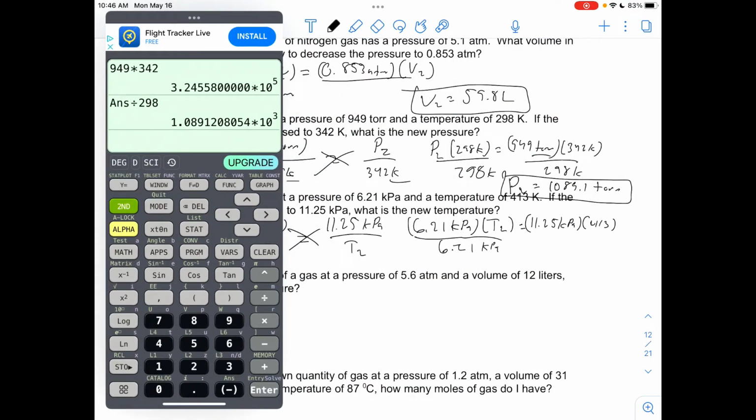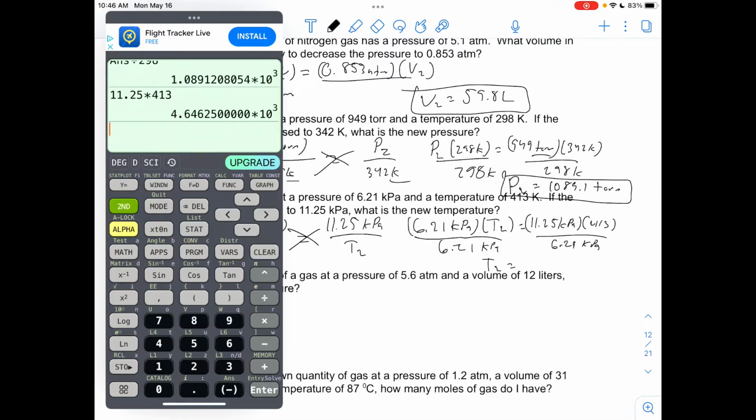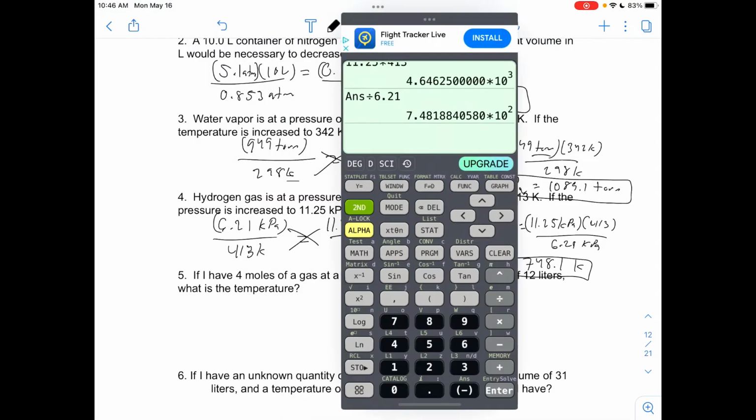I'm going to divide both sides by 6.21 kPa. T2 is equal to 748.1 Kelvin.